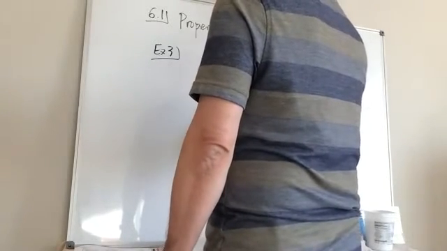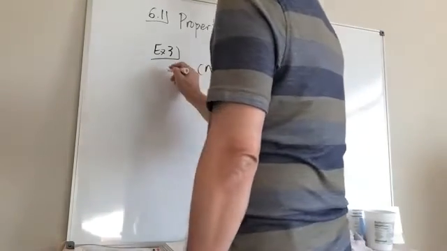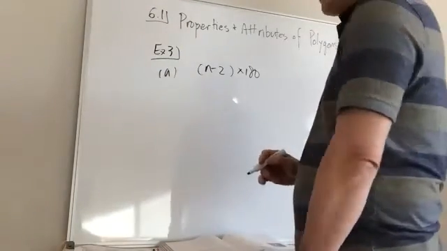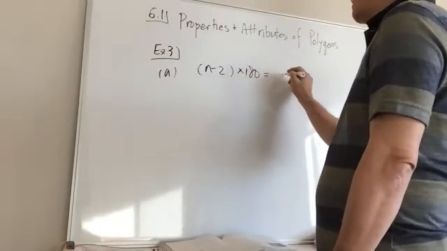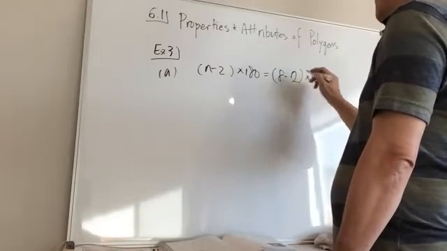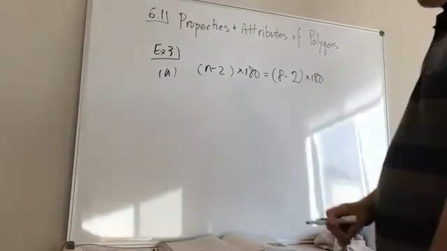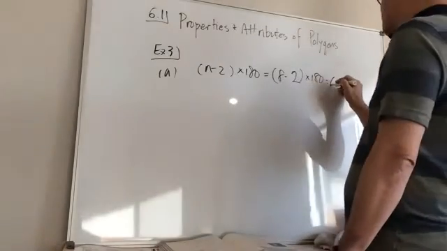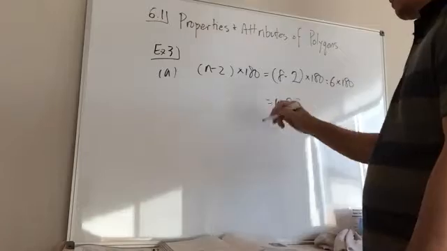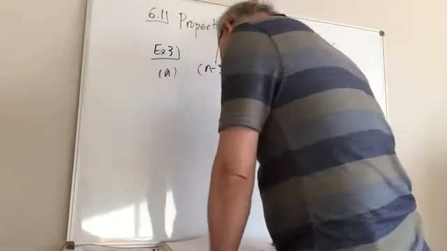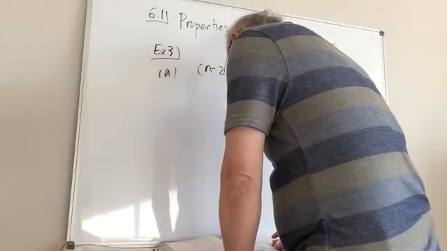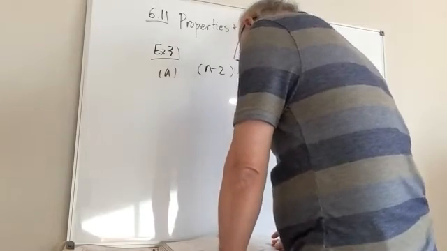Octa meaning 8, so it's 8-sided. 8 minus 2 times 180. 8 minus 2 is 6, 6 times 180 is 1080.